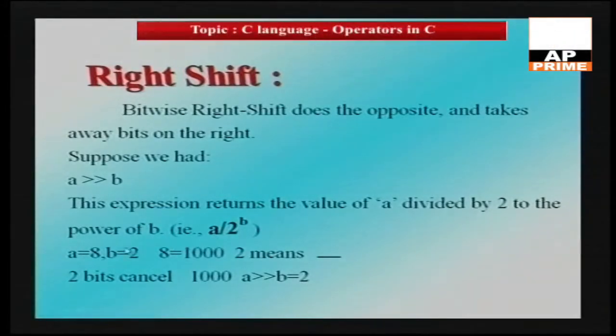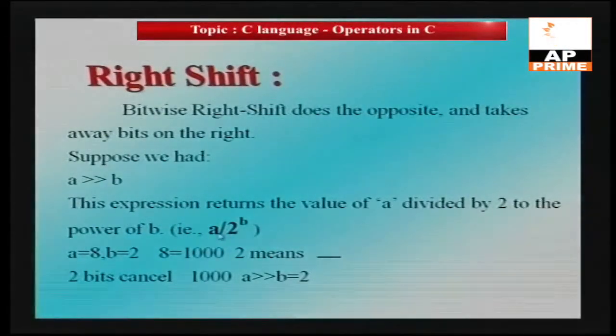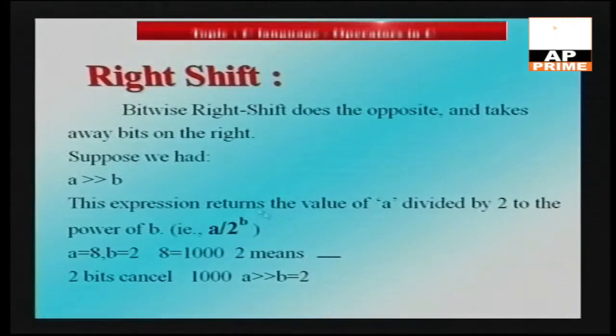Otherwise, this is the formula: A divided by 2 power B. A value is 8, B value is 2. So 8 divided by 4. What is the answer? 2. This is called the right shift operator. Finally, these are the total C language operators used. What are the categories I discussed?